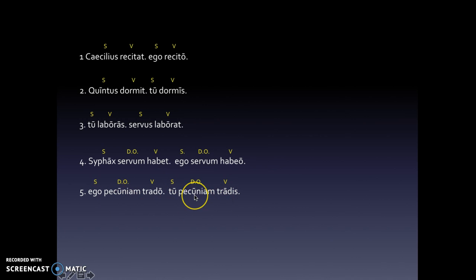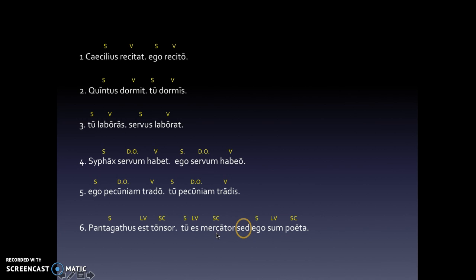You hand over money. All right, now we have a nice complicated sentence. Pantagathus est tonsor, tu es mercator, sed ego sum poeta. First, let's recognize that we've got a connector here. I'm going to circle it, and we've got sames on either side. Let's see what those sames are.